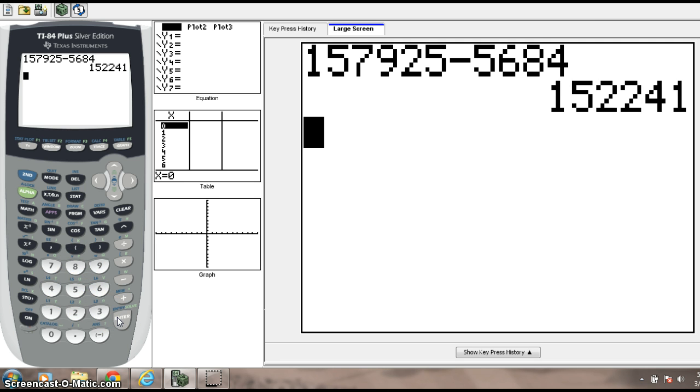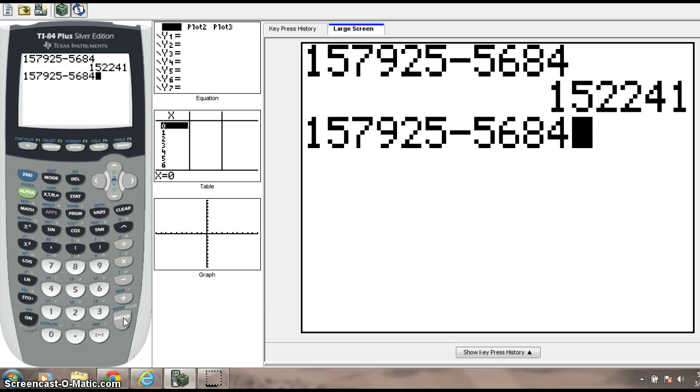Now let's say that I made a mistake and it should have been 5,784. And I don't want to go and enter all those numbers in again. What I can actually do is push second and then enter, because that will be your entry. That'll show you your last entry.